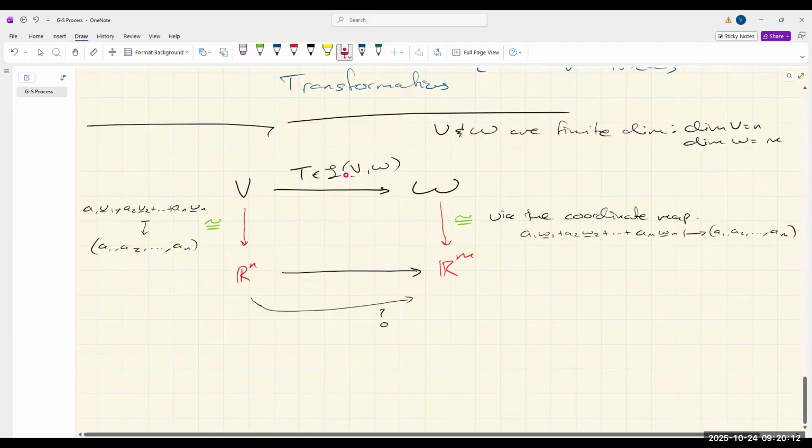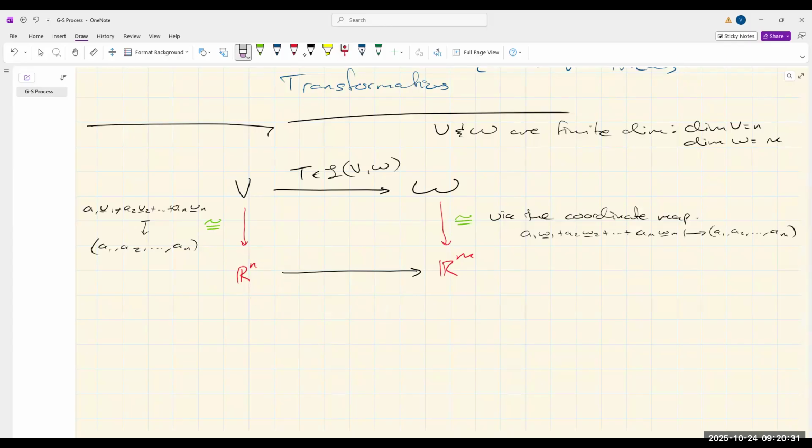What could that linear transformation be? Well, maybe I take a vector here and multiply it on the left by some m by n matrix. What would that matrix be? Anyone want to take a guess? Write it in the chat or maybe unmute your mic and tell me what this matrix would be that would do this transformation for me.